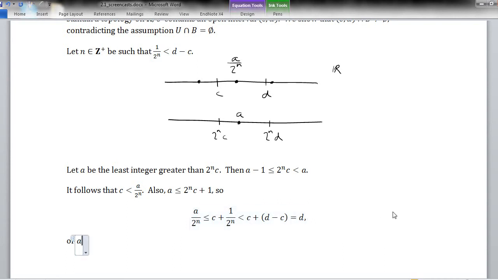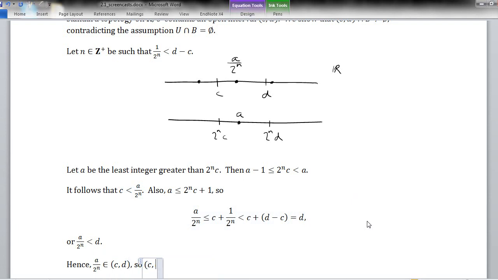Okay. So we have that a over 2 to the n is greater than c and less than d, and hence we have found an element of b which is contained in the interval from c to d.